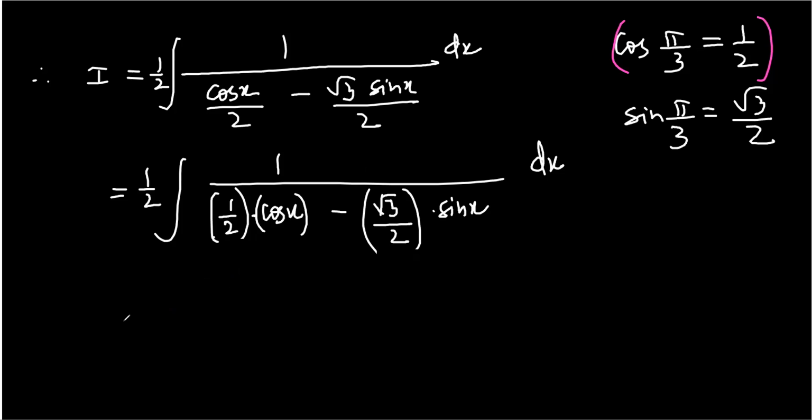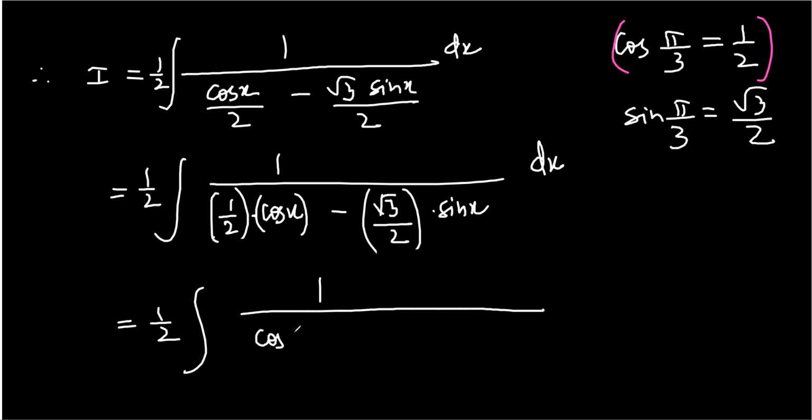So next step I will write 1 upon 2, and 1 upon this I write as cos pi by 3 into cos x. Let me change the order: cos x cos pi by 3. No problem, cos x into cos pi by 3 is same as cos pi by 3 into cos x. Minus sin x into root 3 by 2 is sin pi by 3. And you know what this becomes?